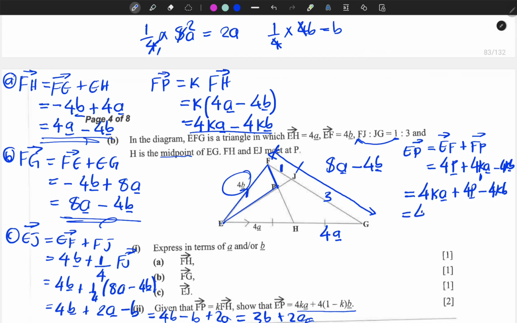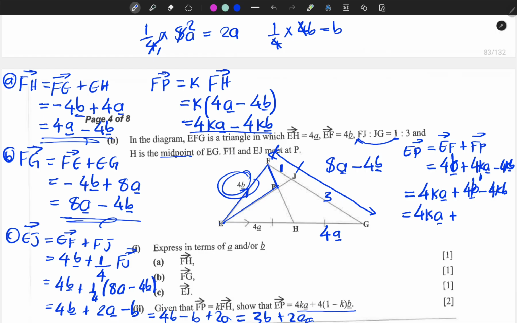From there we write 4ka plus, so we need to now factorize. This should be b because it's 4b.